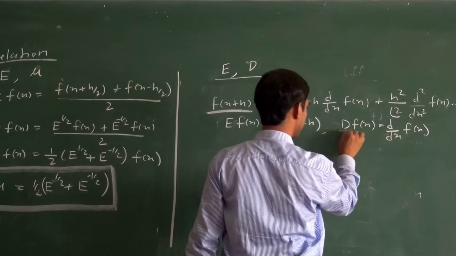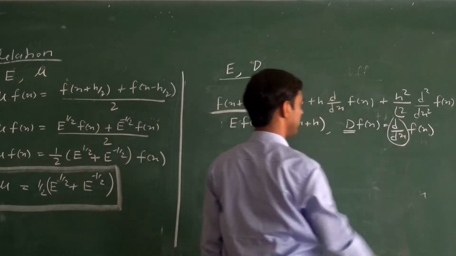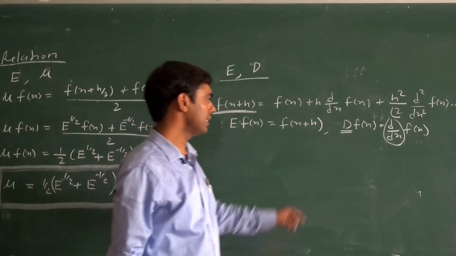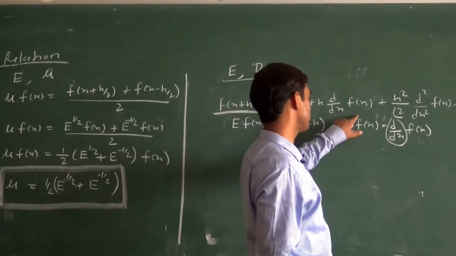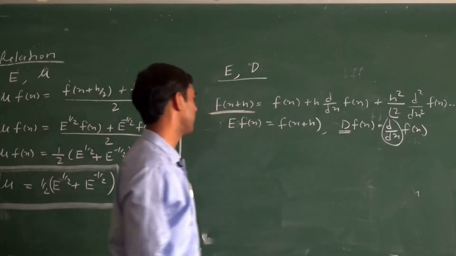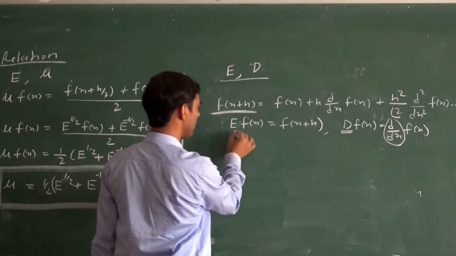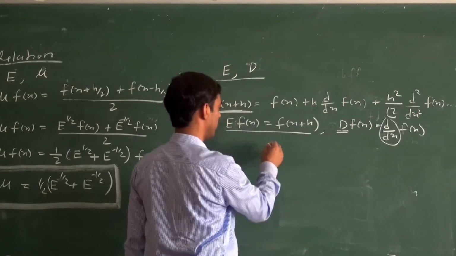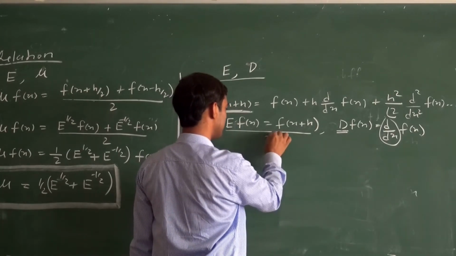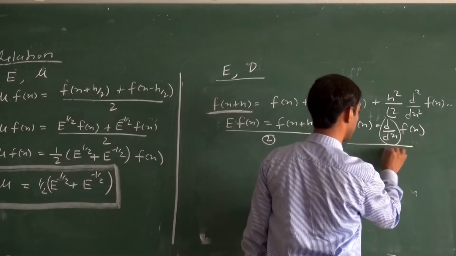So here we replace d by dx, and the second order by D squared, D cube, and so on. With the help of these two expressions, suppose this one is the second and this one is the third.